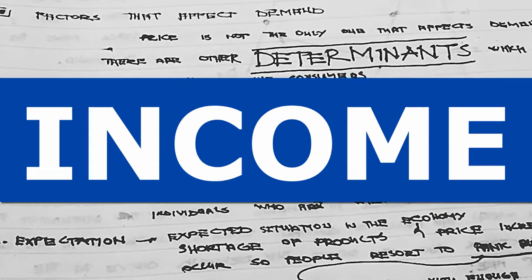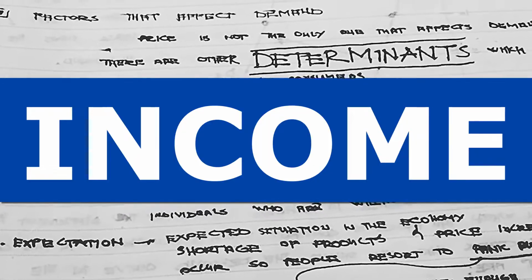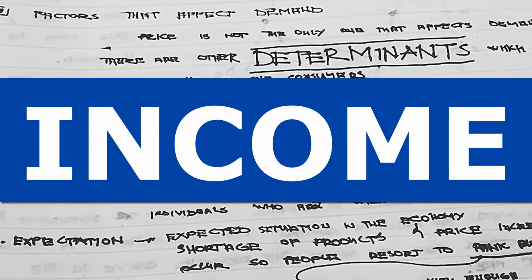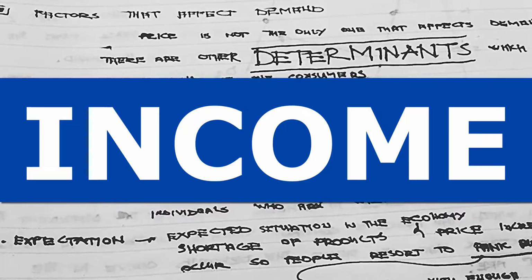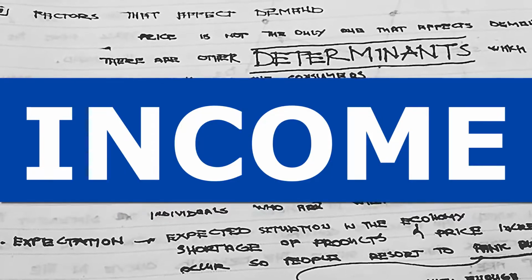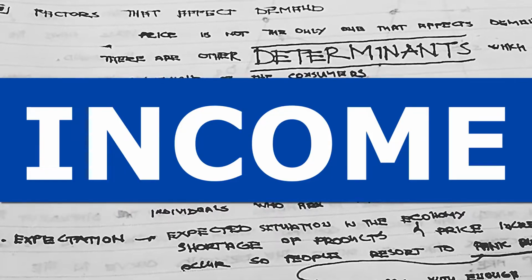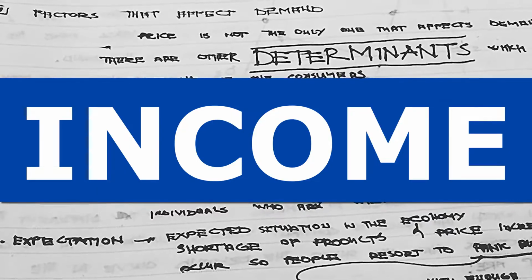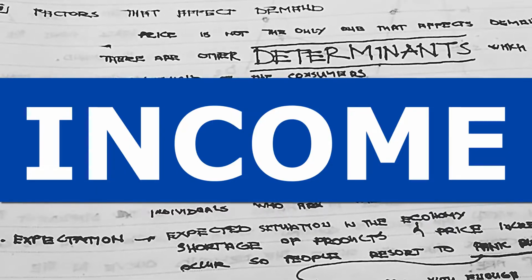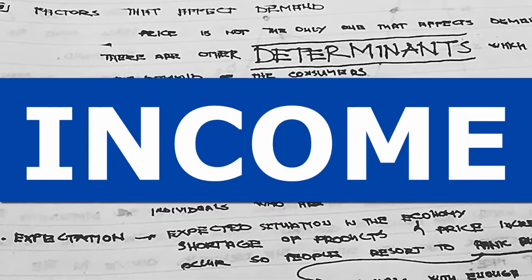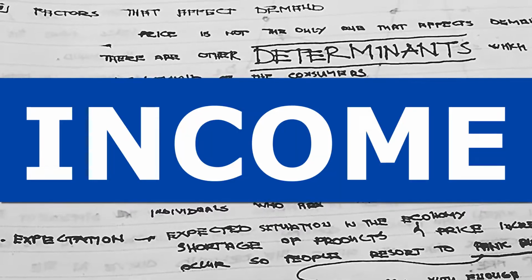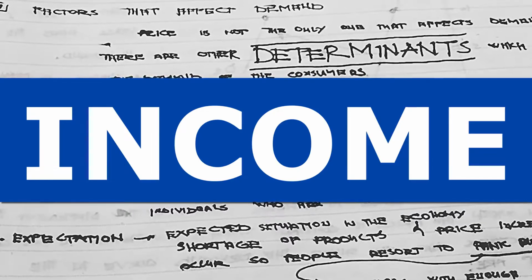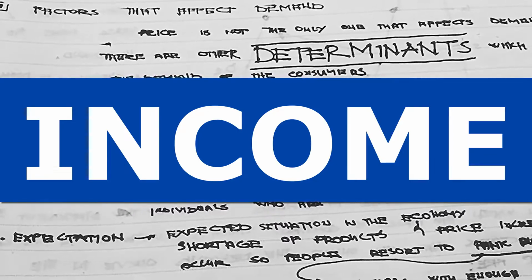For example, a person and his family only consume 1/2 kilo of pork because the income is insufficient. But when income increases, they will be able to buy 1 or more than 2 kilos of pork for the family. This situation shows an increase in demand as income increases.